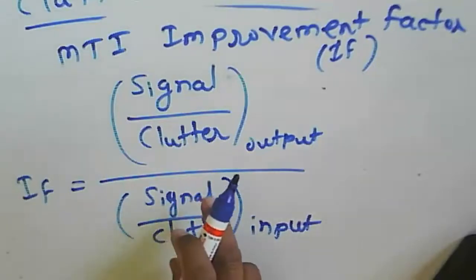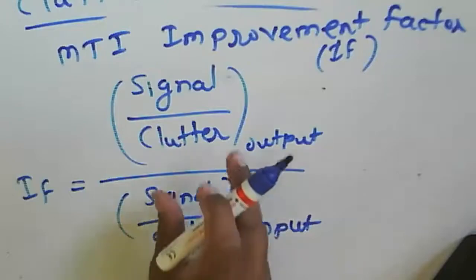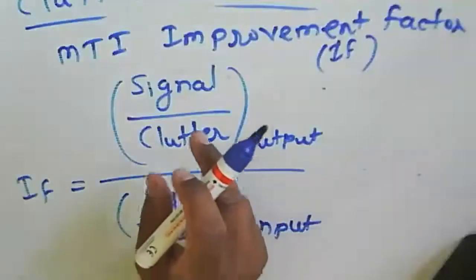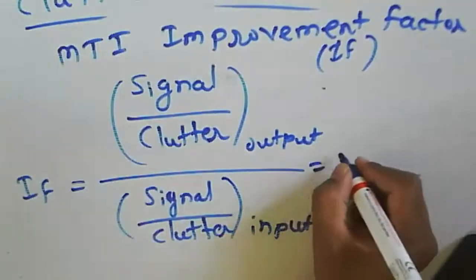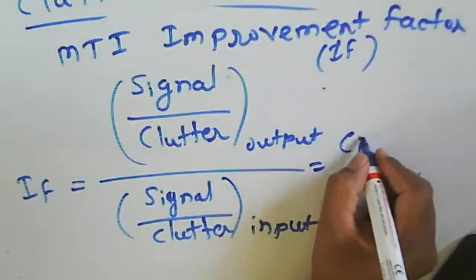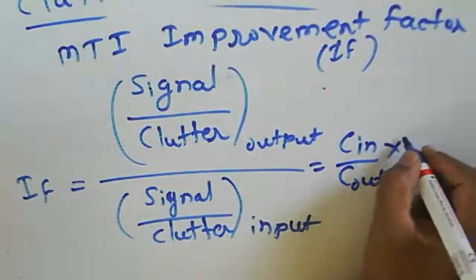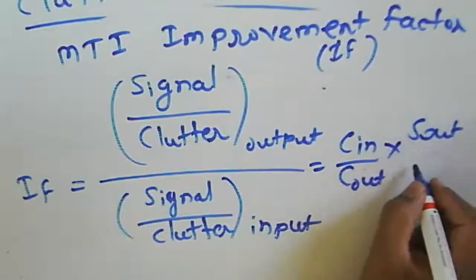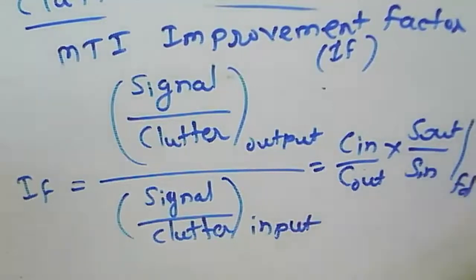And this will provide you the improvement factor. So improvement factor is nothing but the clutter in, clutter out, into signal out by signal in at a given particular Doppler shift. Okay, so everything will be at a Doppler.